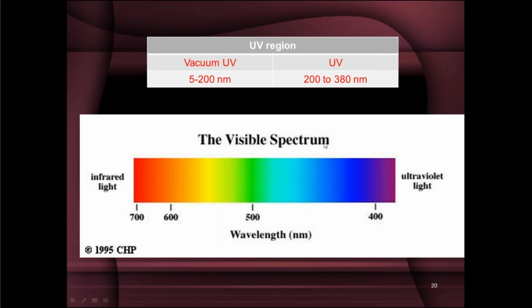Then you have the visible region, which extends roughly from 380 to 780 nanometers. So just after the UV region, we have the visible region. The visible region, of course, is made up of different colors. And finally, you have the infrared region after the visible region.